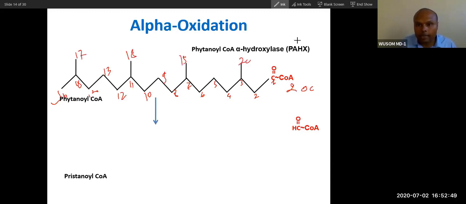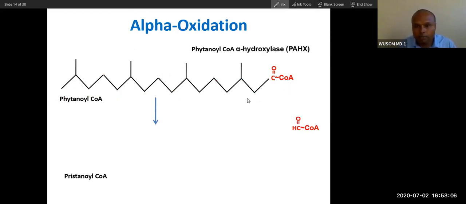So it contains 20 carbons, and is present in dairy products and ruminant meat like beef, lamb and goat meat. This fatty acid is metabolized in peroxisome by the enzyme phytanyl coenzyme A alpha hydroxylase.